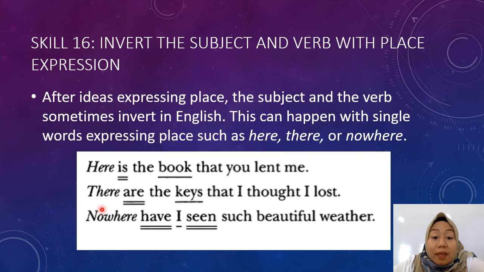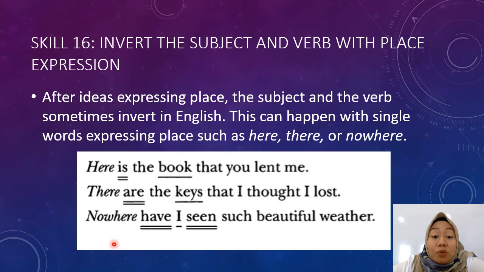Here we have there, a place expression. After there, we have the verb are and the subject, the keys. Because the subject is plural, the verb is also the verb for plural. There are the keys that I thought I lost.